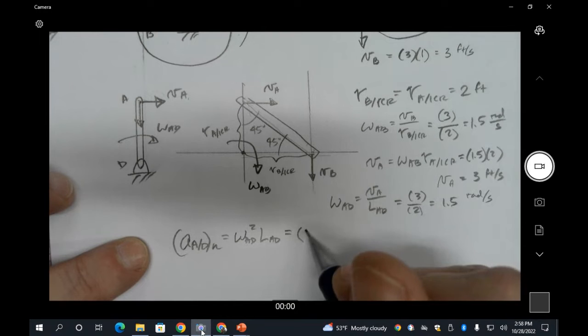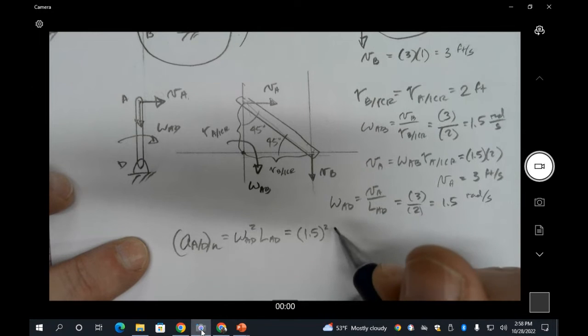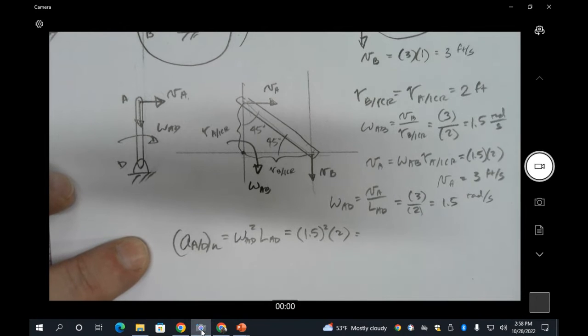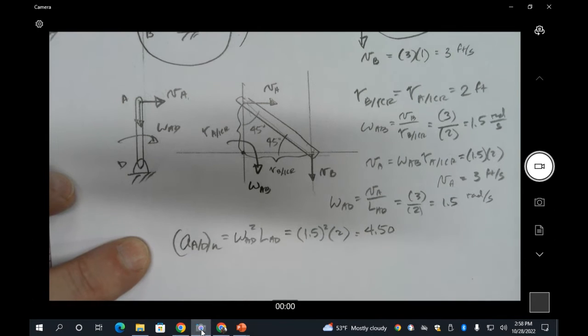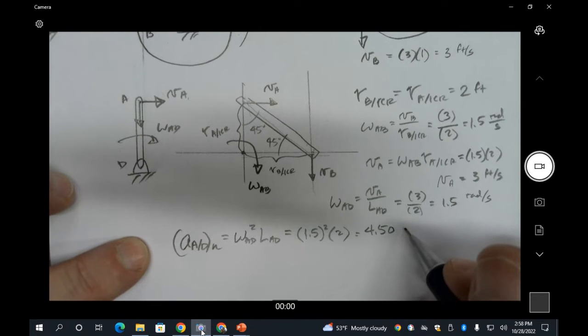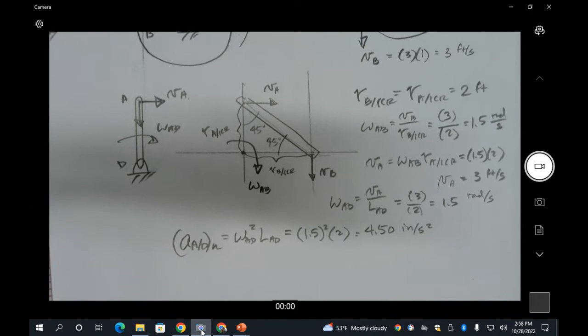So that's going to be, we just found that, 1.5 squared times 2, and it says this is 4.5. I'm going to double check that. 1.5 squared, yep, 2, yep. And that's going to be feet per second squared. That's going to be in the vertical direction, straight down.